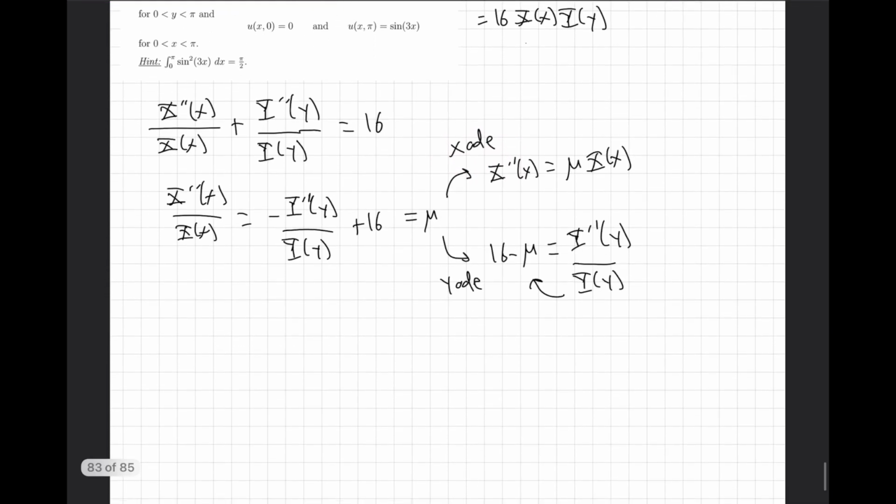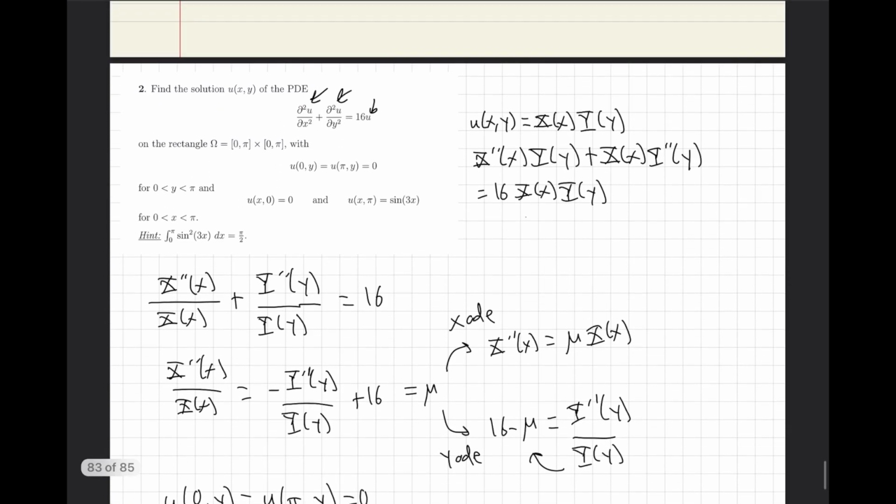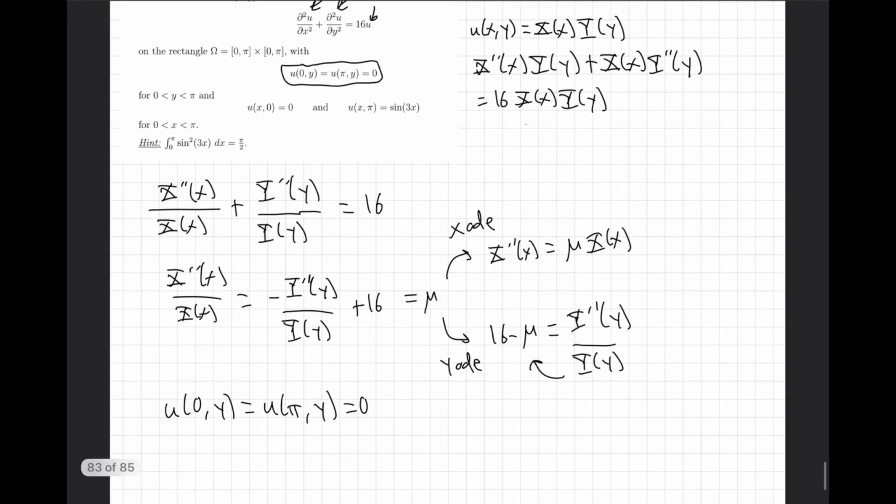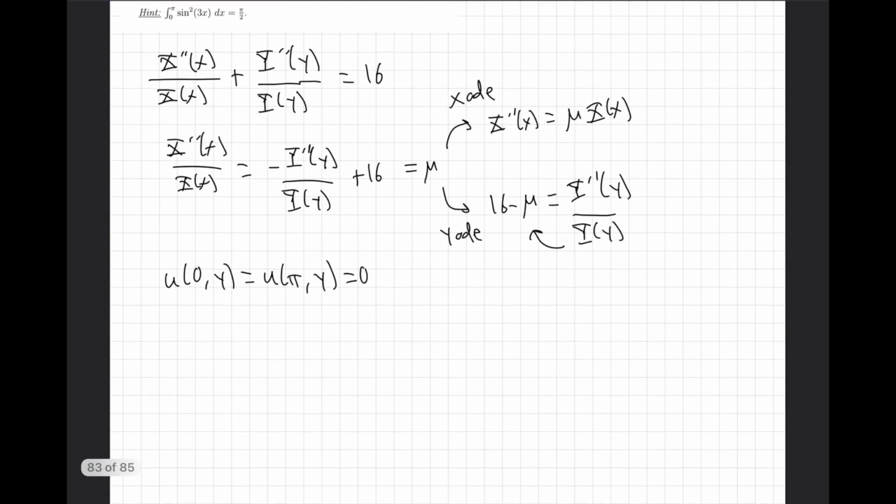So because we have boundary conditions in x, specifically Dirichlet boundary conditions, that's to say u of 0 comma y equals u of pi comma y is equal to 0, and that's given here in this problem. These are called Dirichlet boundary conditions. When we have this kind of boundary condition, mu is going to be always less than 0.